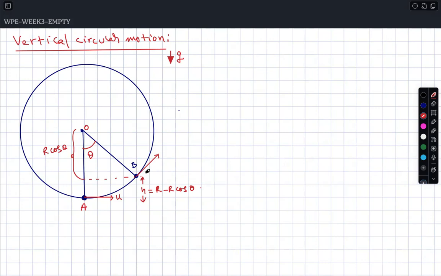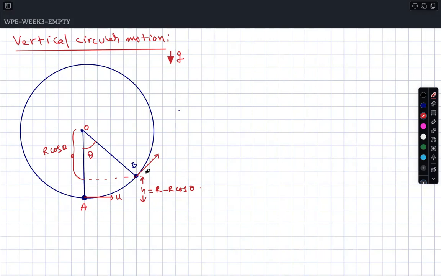There is no external force. Don't say weight is an external force. It's a conservative field. Here, earth plus this object together is one system.